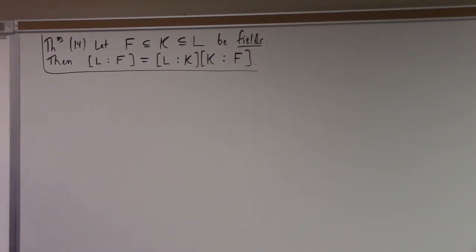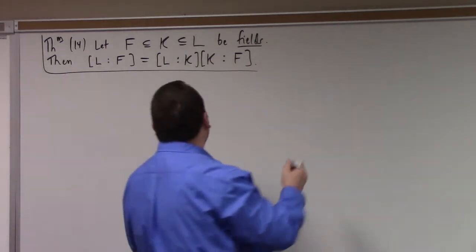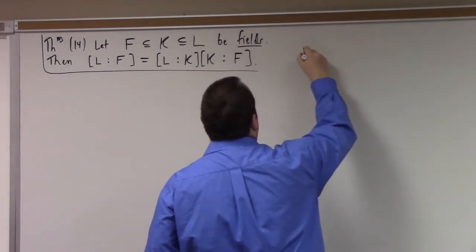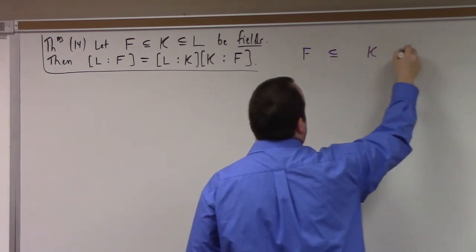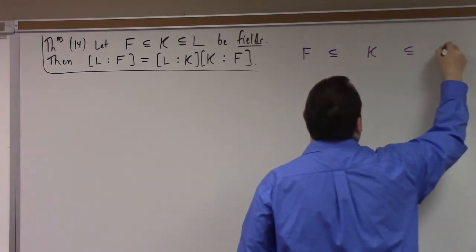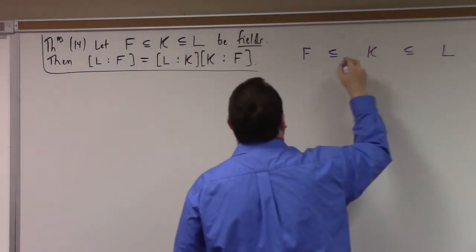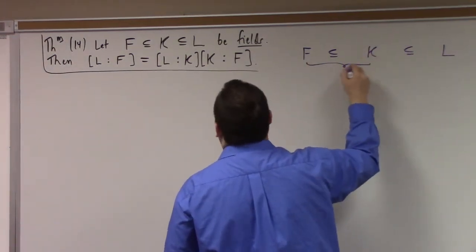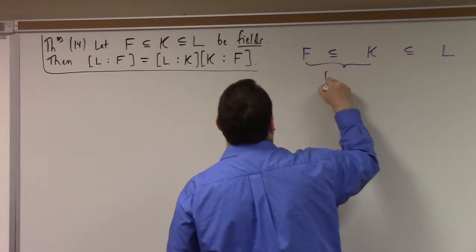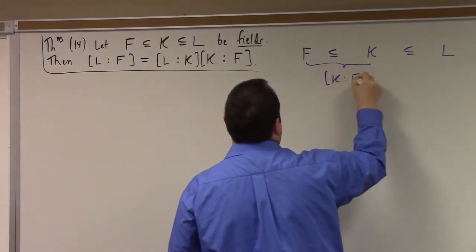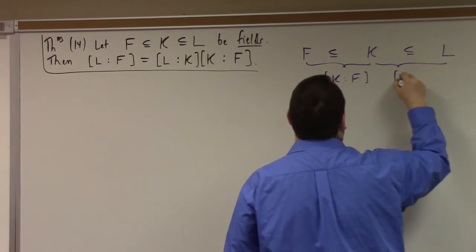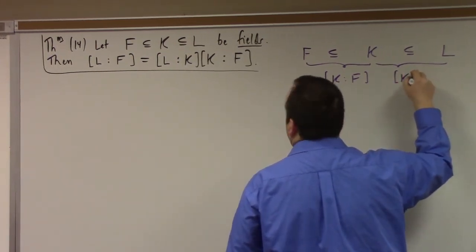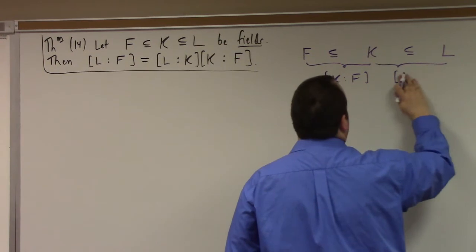So let me add his little picture. It's probably helpful. So we've got F, K, L, and he says, so basically here you have what? You've got, you can think about this being that degree, and this right here being this degree. I can't do math.